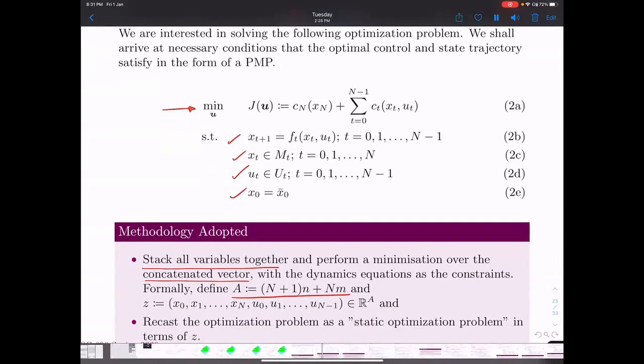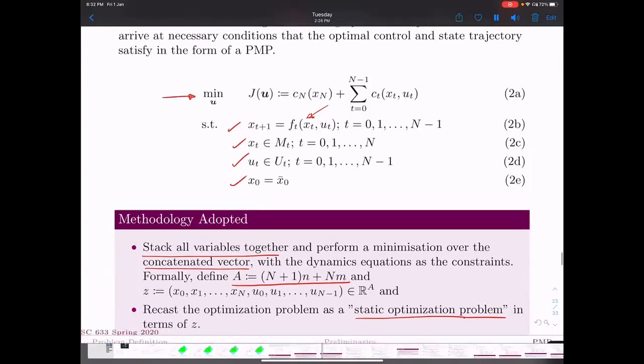So what this does is it removes all these discrete recursions and converts the entire problem to a static optimization problem in terms of Z. That's the way the methodology to find the optimal control law works, and that can be cast in the familiar form that we see in continuous time, in terms of a Hamiltonian maximization, in terms of the co-state, etc. We'll see how this is done.